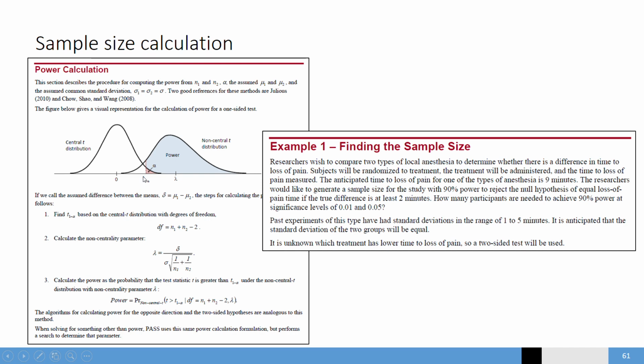If the t value that you calculate in your experiment is beyond this point, then you will reject the null hypothesis. If it is not, then you will not reject the null hypothesis. The probability of making a false positive is this alpha. The probability of making a false negative is this area, which has not been highlighted, but this area is beta.